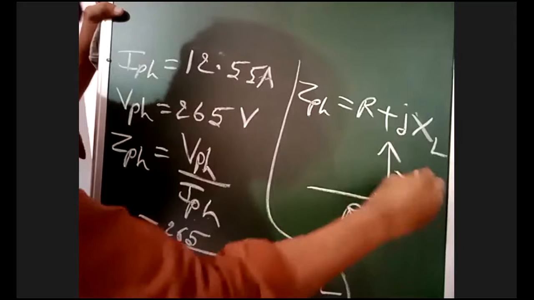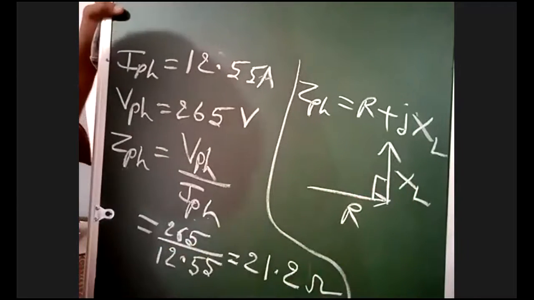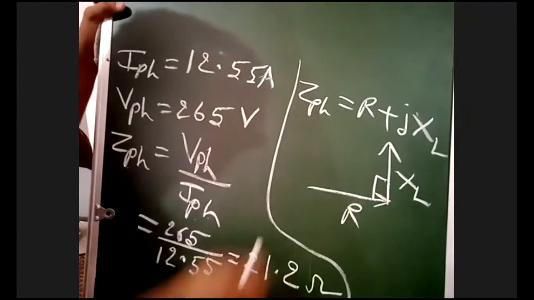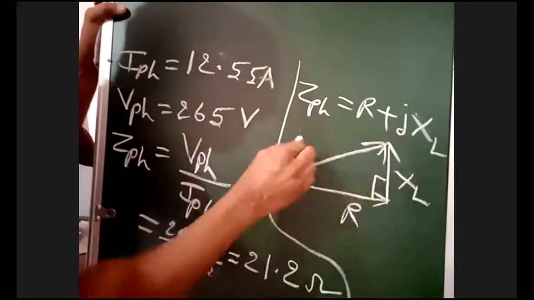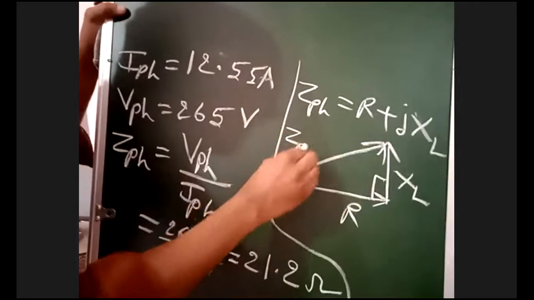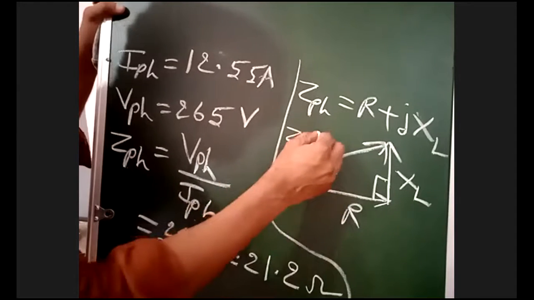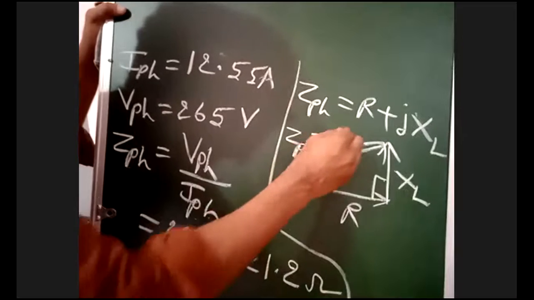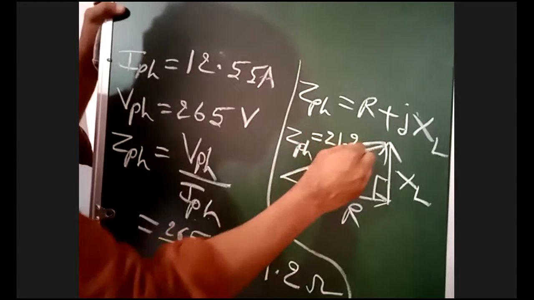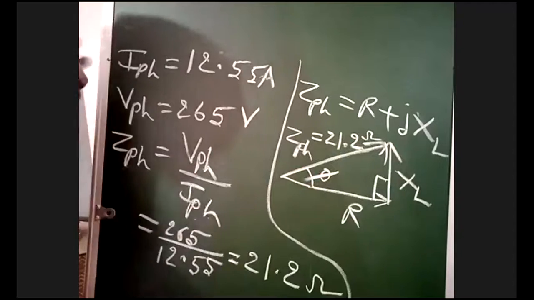XL is taken on the y-axis because j means plus 90 degrees. The resultant of R and XL is Z. This is your phi. Your Z is 21.2 ohms.